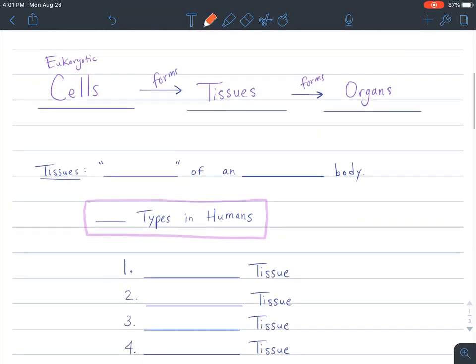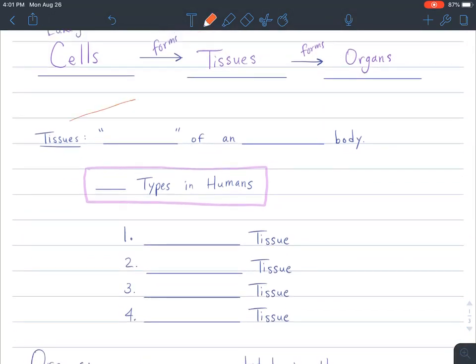All right. So let's talk about those tissues. Okay, there's the tissues right there. The tissues are essentially the fabric of an animal body. So if you were to make an animal, you would need tissues in order to make the veins. You need tissues in order to make the brain.